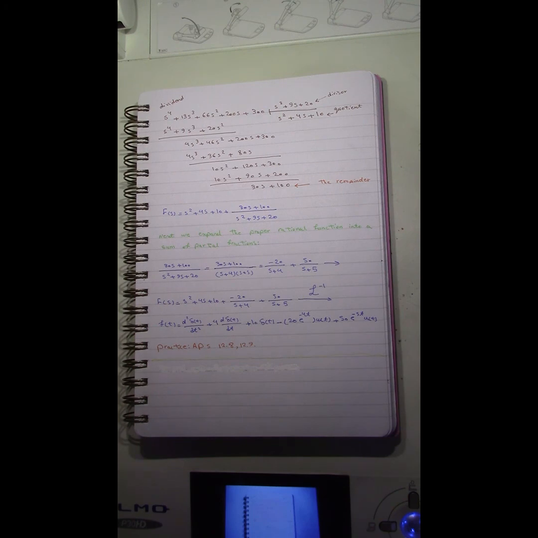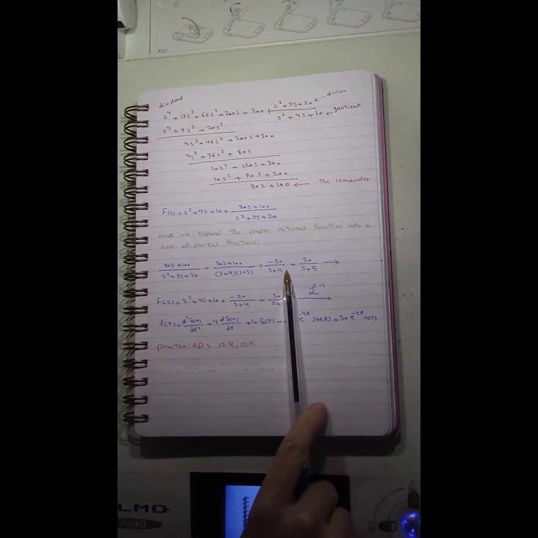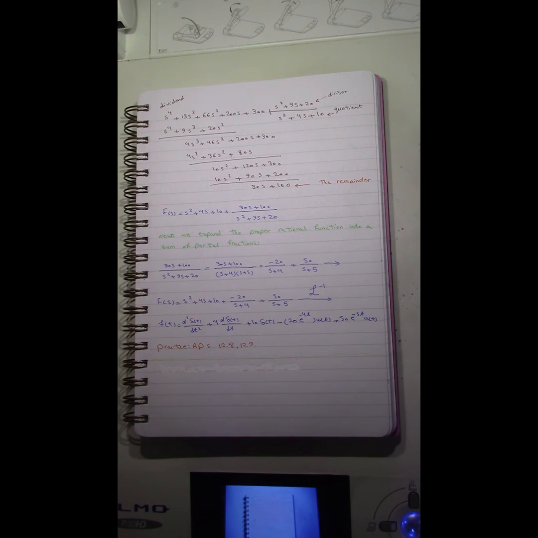How many roots do you have for this part? 2, because this is squared. So what are those roots? The roots are negative 4 and negative 5.